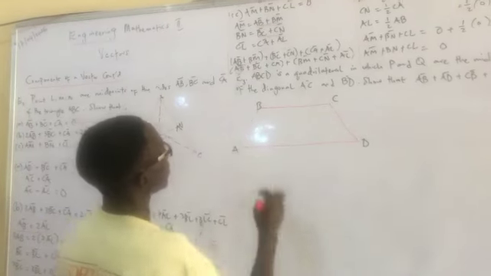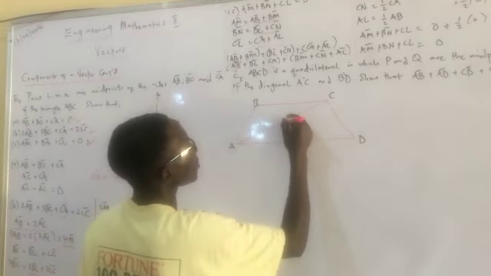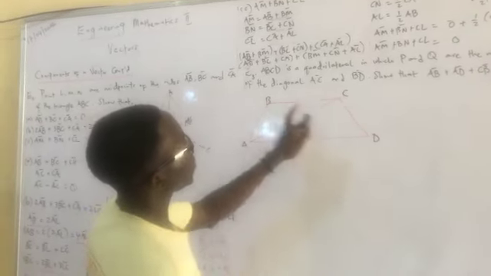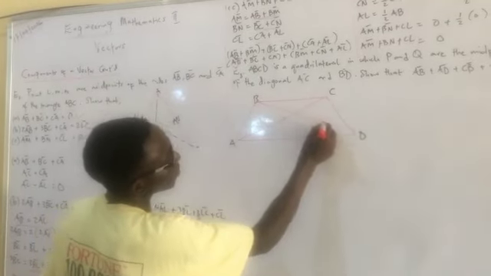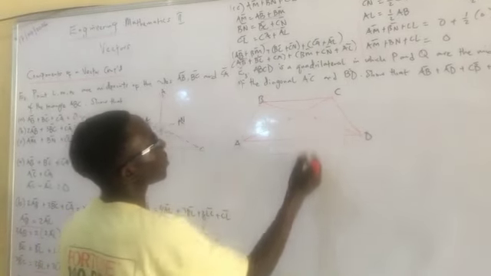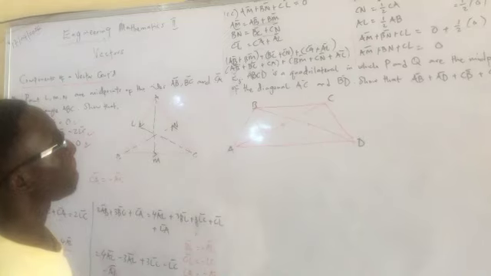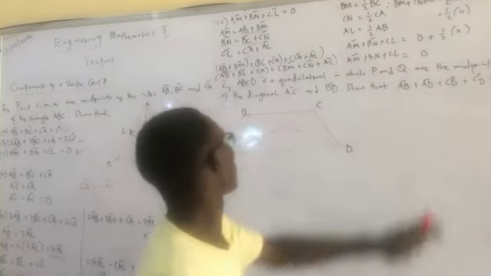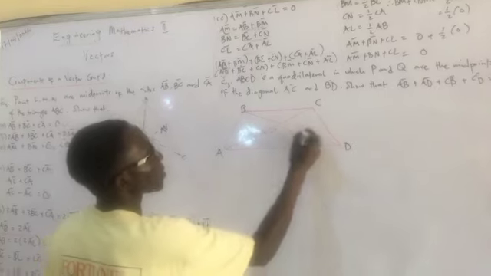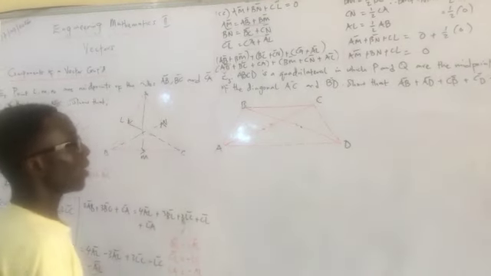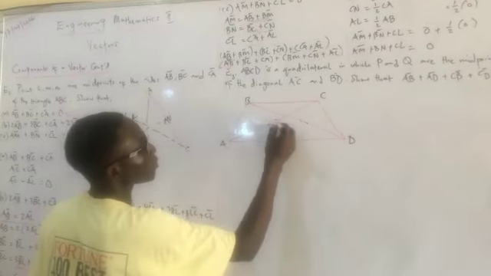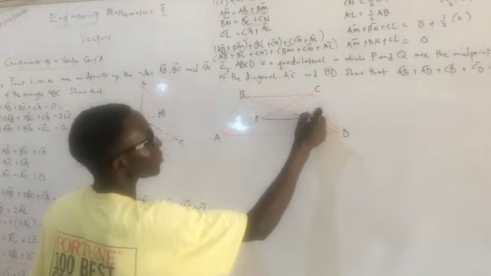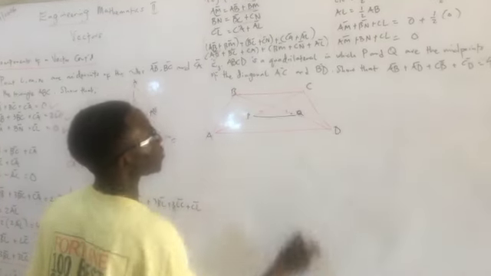Diagonals AC, so A going to C direction and B going to D. So that's it. So what else? We have the midpoints P and Q. So let's say this is the midpoint, and we have P and Q here.